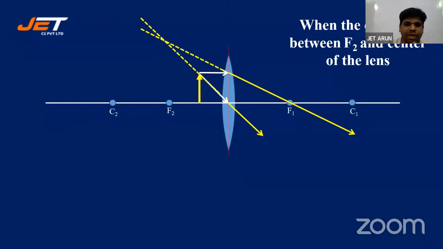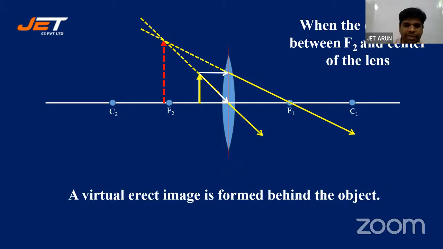I'll extend this ray too. The two dotted lines will intersect over there, and I'll get an image at some point behind the object and in front of the lens. All right. So we get a virtual, direct, and enlarged image of the object. Yes, Shashank, that's brilliant. So a virtual direct image is found behind the object.